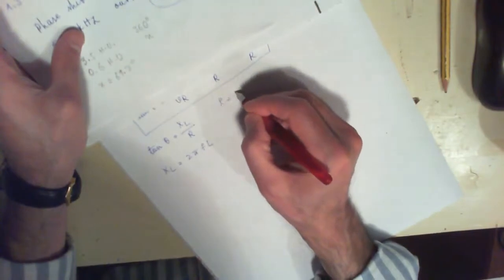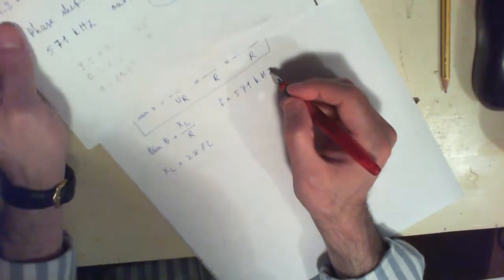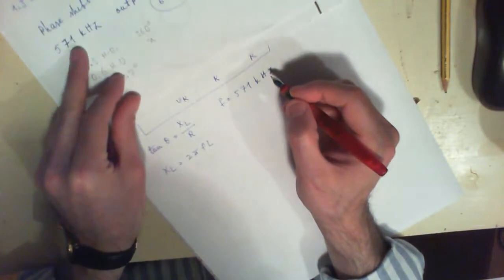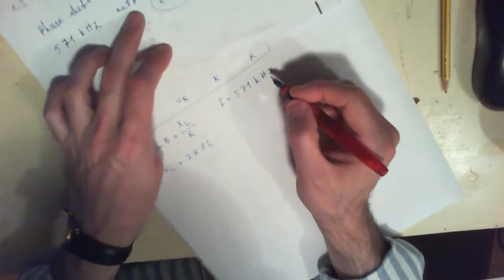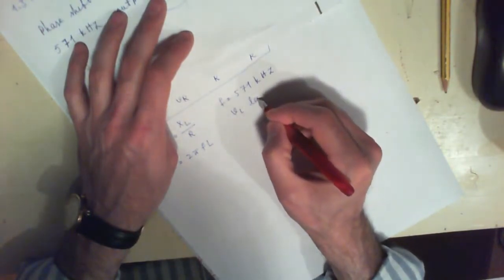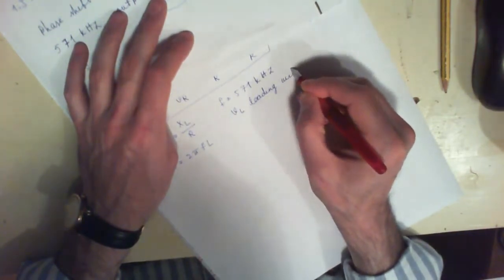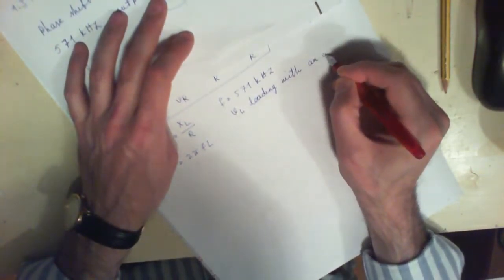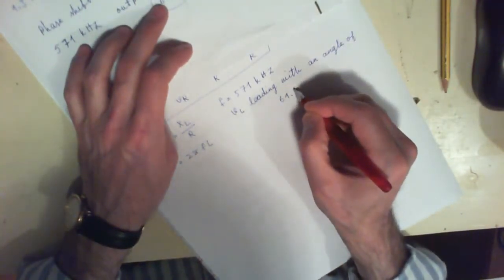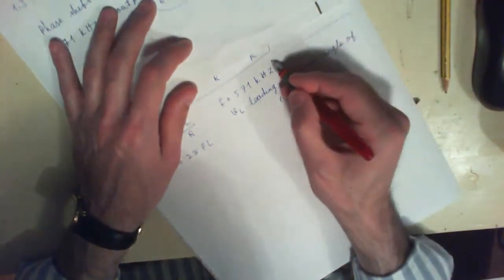F was 571 kilohertz, and at this frequency the output V of L was leading with an angle of 61.71 degrees. That was what I read.